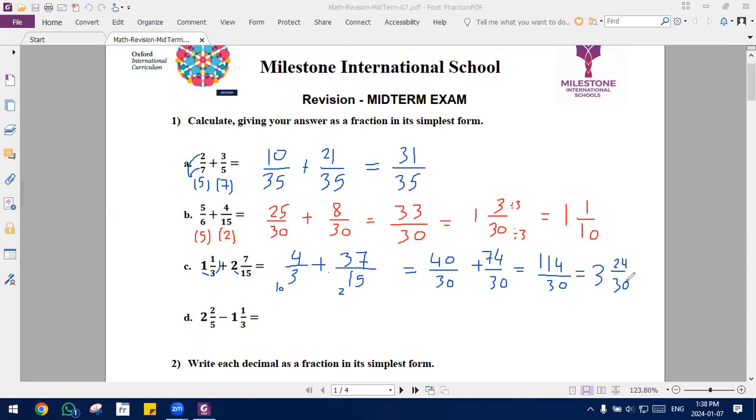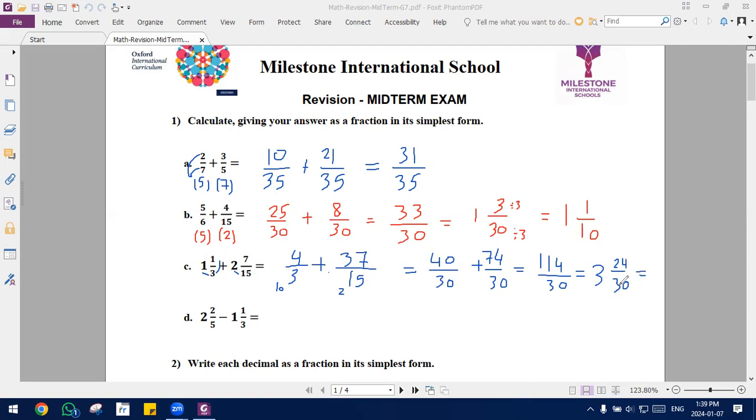Can we simplify it? Can we divide it by any value so we can make them smaller? Yes, actually we can divide once again.